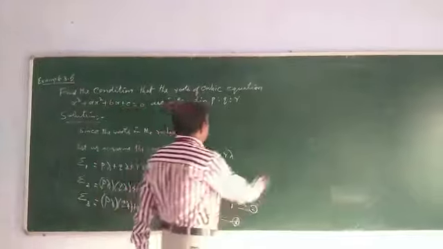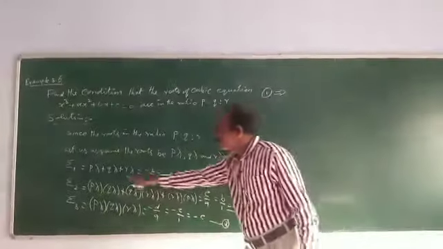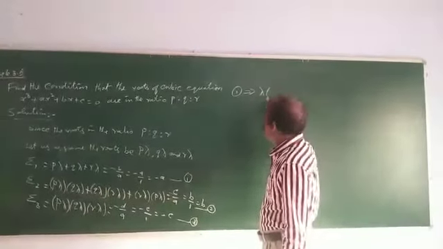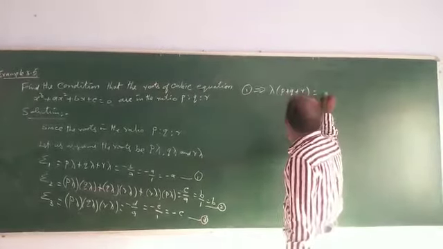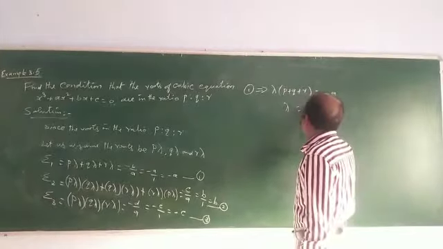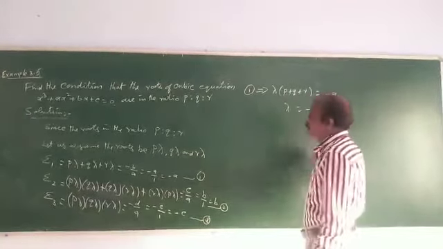In equation 1, lambda is the common term. Lambda times (p plus q plus r) equal to minus a. Therefore, lambda equal to minus a divided by (p plus q plus r).